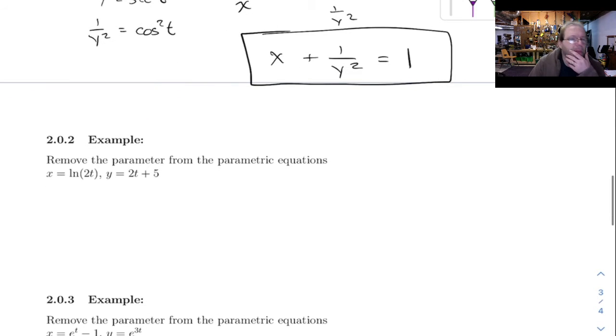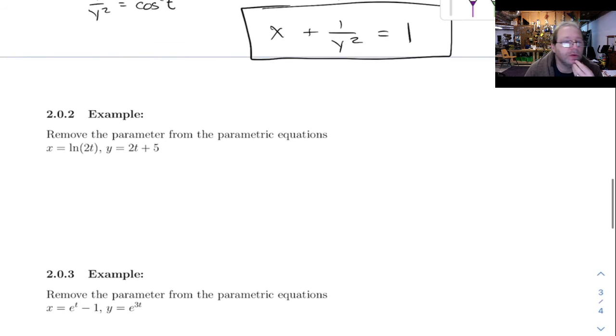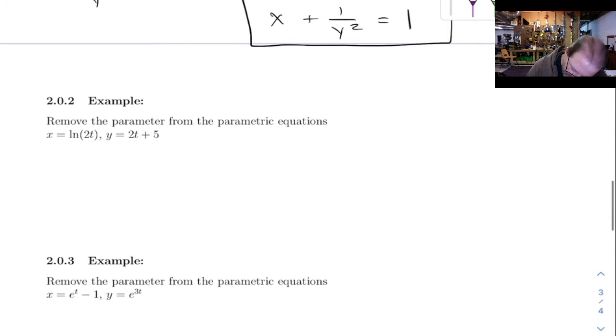Let's do 202. X is natural log of 2t and y equals 2t plus 5. Okay, there's no trig in this one, so on this one we just need to solve one for t and plug into the other. Now you could do this either way. It would be perfectly fine to solve this for t. So you get y minus 5 equals 2t.